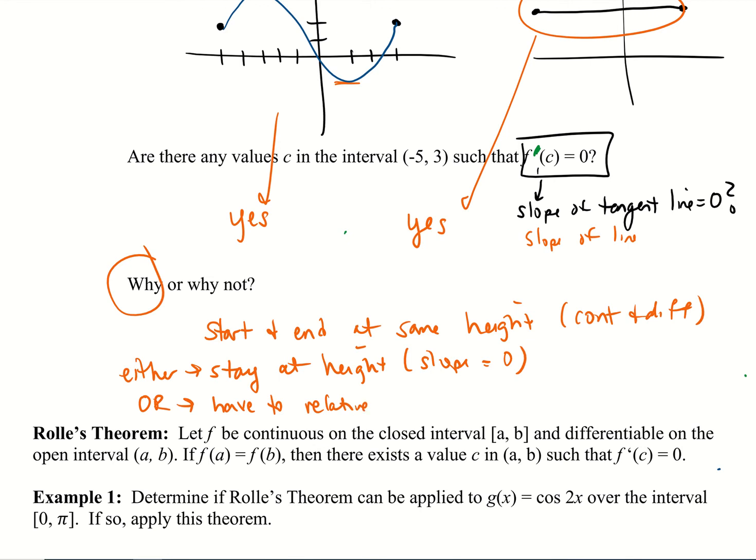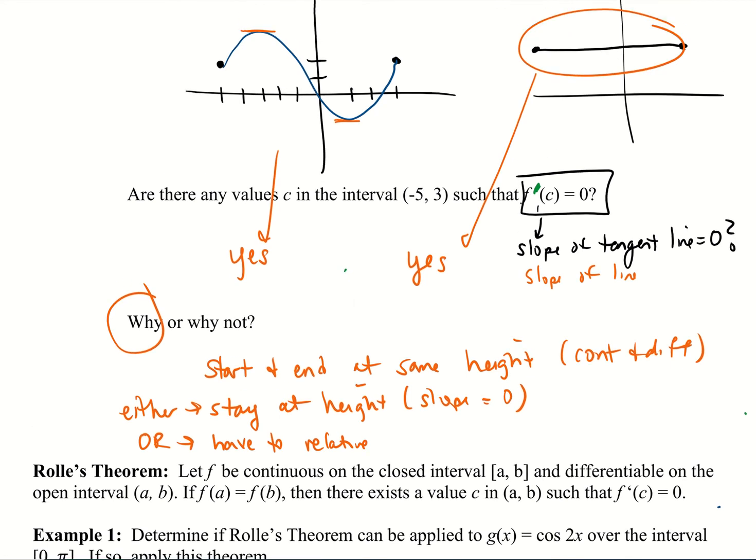If we went above, we'd have to then turn and go back down to get back to that height of 2. Or if we went below it, we'd have to turn back and go up again. But either way, we'd have to have these relative extrema, and at these relative extrema, the slope of the tangent is equal to 0. So this will always have to happen.